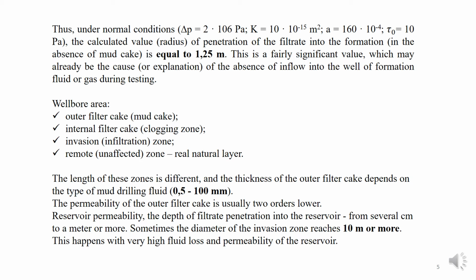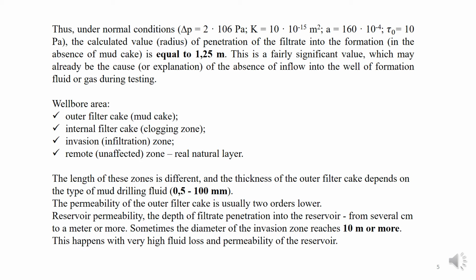The wellbore area consists of mud cake, flushed zone, infiltration zone, and the real natural layer. The sizes of these zones are different, and the thickness of the outer filter cake depends on the type of drilling fluid, from a half to 100 millimeters.